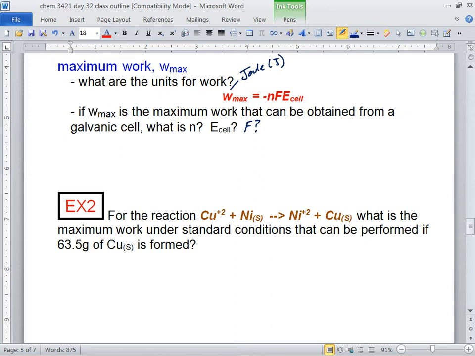Anybody help her out? This is a tough question because I'm really prepping you for what's coming up. But you haven't applied this equation yet, so it's kind of hard. E cell you get from the E0 cell, I would agree with you. From the meter. There's no superscript 0 on it. So you're going to get that from the voltmeter.